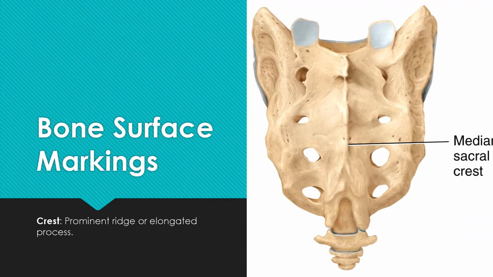Now there are other processes that form attachment points for connective tissue, and there are seven different types. So first here we have a crest. This is going to be a prominent ridge or elongated process. We see this here on the sacrum. This is the medial sacral crest.